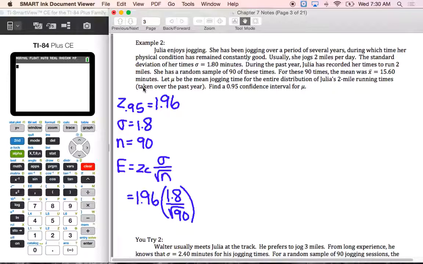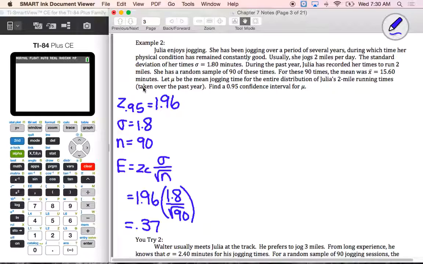So you're going to type in 1.96, parentheses, 1.8 divided by square root 90, close parentheses. And I have 0.37. So I'm going to do about 2 decimal places. WebAssign will tell you again how many decimal places they want. Most of the time, I believe it's 2 or 3. So there is our E, our error.